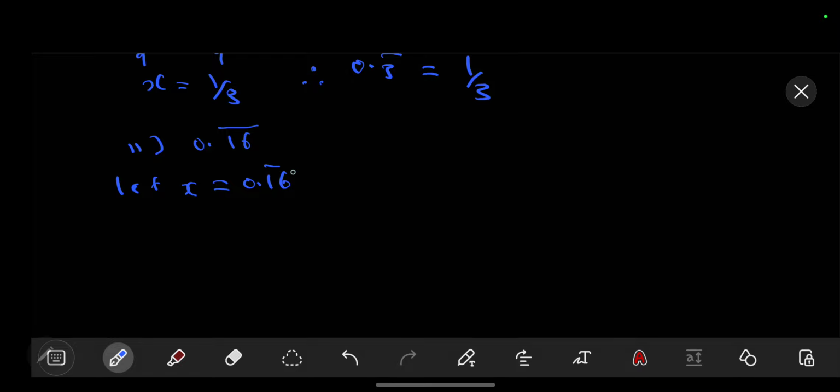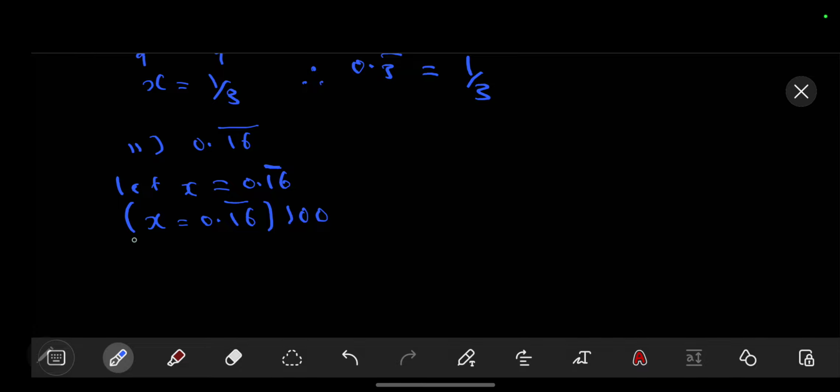Then from here, since the repeating unit is two numbers, instead of multiplying by 10, we are just going to multiply by 100, because the reason why we multiply by a number such as 10 or 100 is because we want to move the decimal point the number of times the number is repeated. So we have x equal to 0.16 bar. Then we multiply by 100, since 16 is two repeating units.